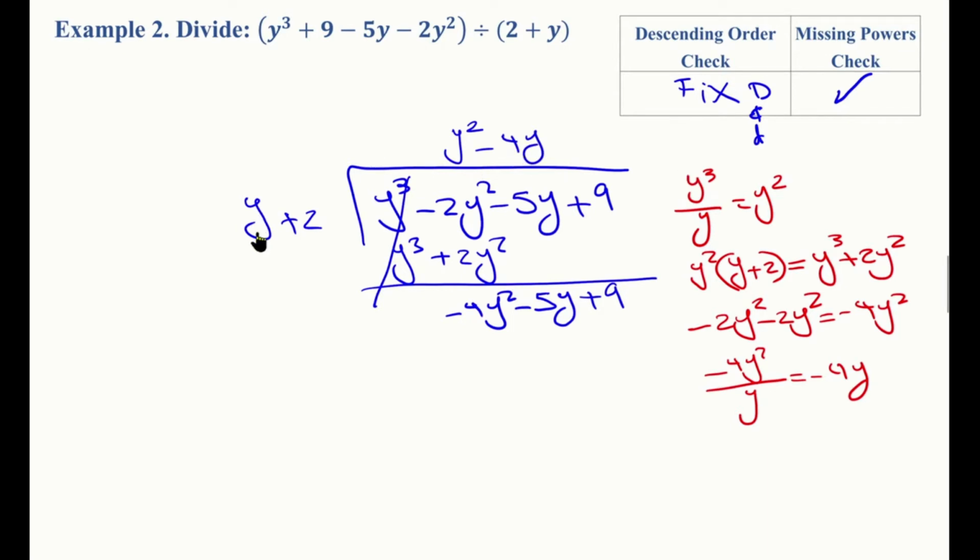We're going to multiply this by the divisor. So that gives us negative 4y squared minus 8y. So we'll write that here.